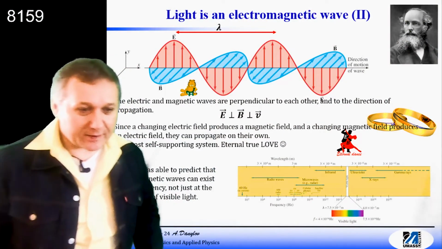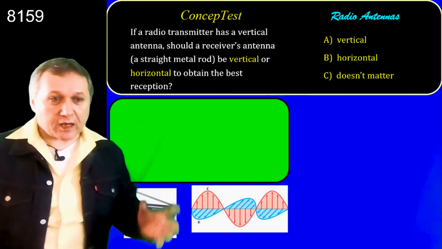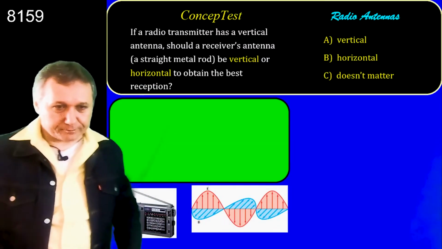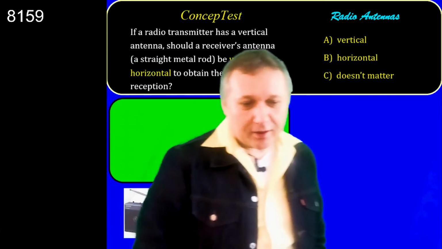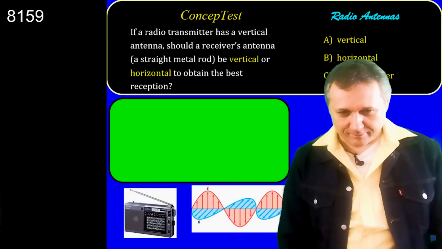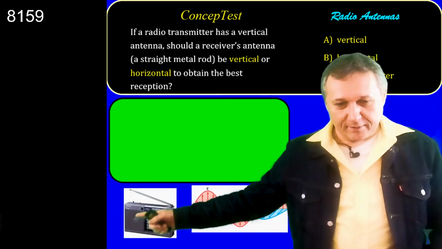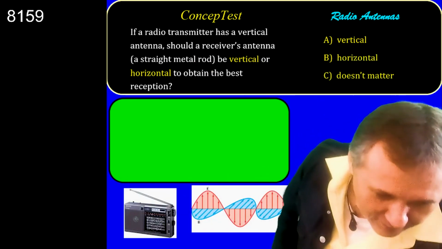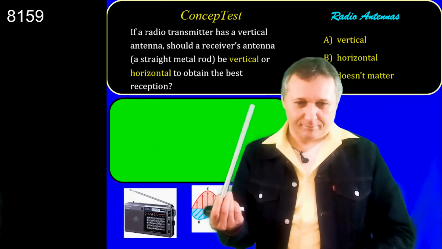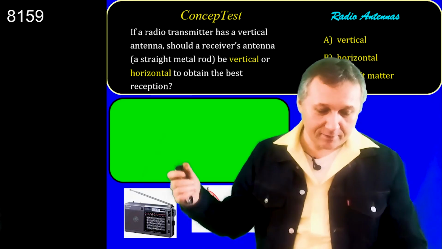So now, what's next? Couple of questions. So, old days radio receiver. Okay, just a radio. It has an antenna like this. You see just a piece of metal rod. It can be positioned horizontally, vertically, or at an angle. It's up to you.